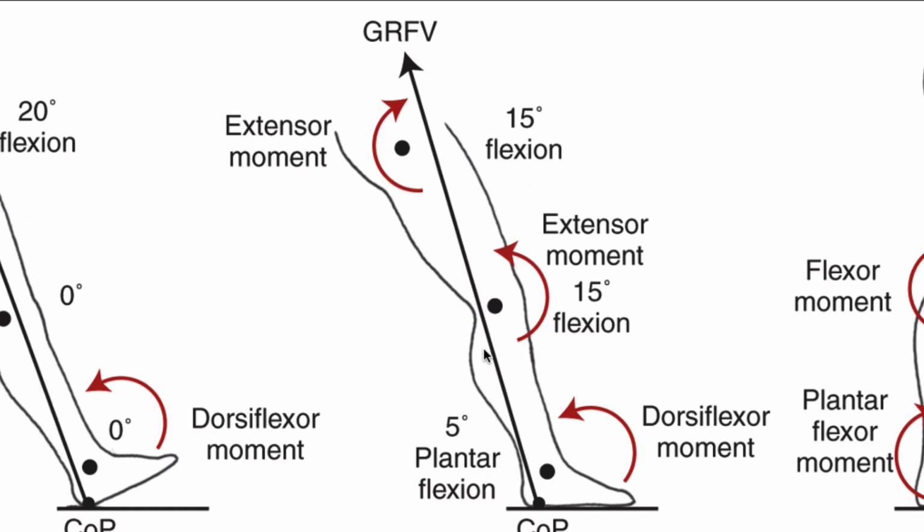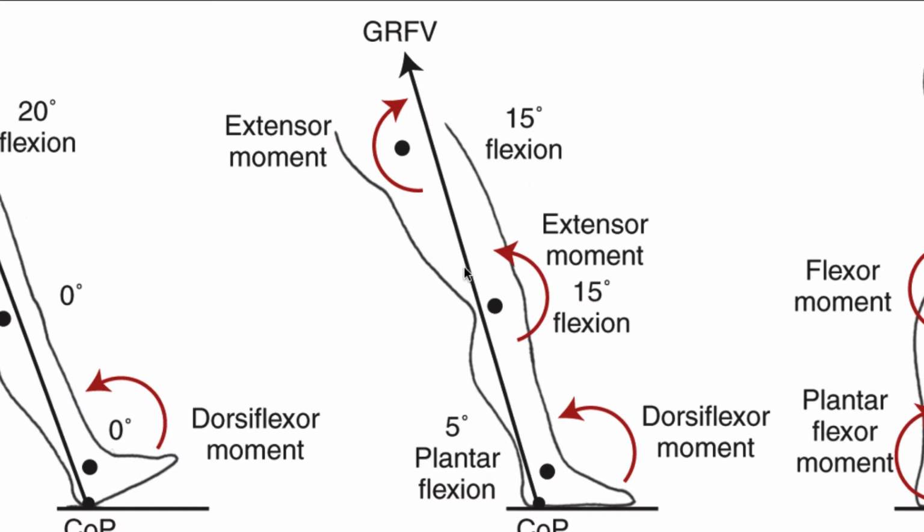This time, with loading response, the ground reaction force vector is behind our knee, and so this line is trying to push our tibia up into our thigh, creating a flexor moment. And so our quads come on strongly to create an extensor moment to be able to fight that external flexor moment and create some nice shock absorption into loading response.